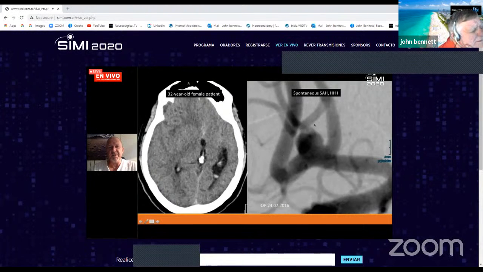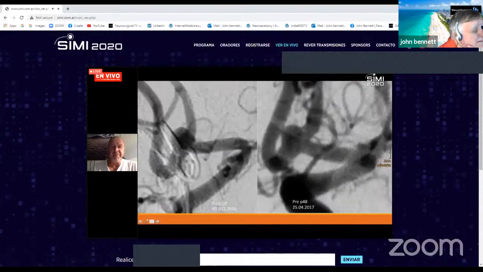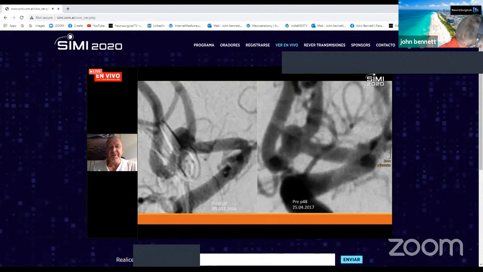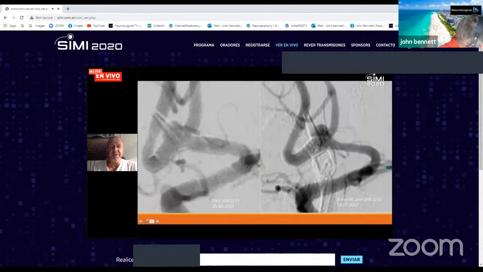This was a ruptured ACOM aneurysm. The patient was Hunt and Hess 1, and the aneurysm was clipped, but there was a significant remnant after clipping, and we decided to deploy a flow diverter underneath the clip and the previously ruptured aneurysm. This was done in April 2017, and as you see here, this is the situation right after treatment, and this is a few months later.